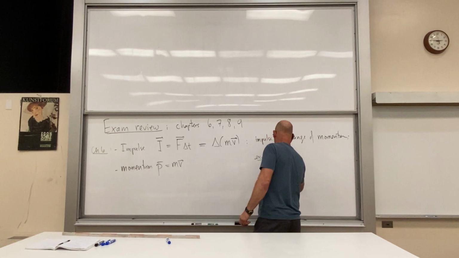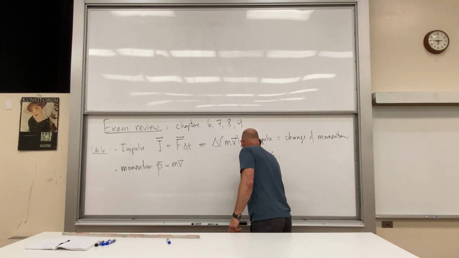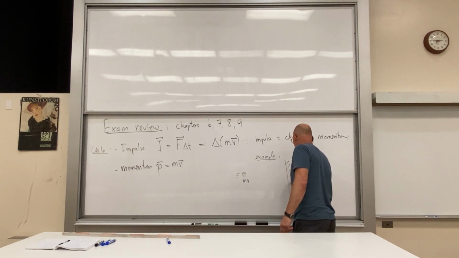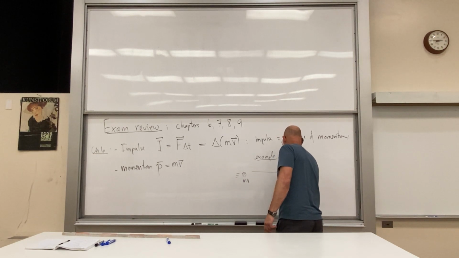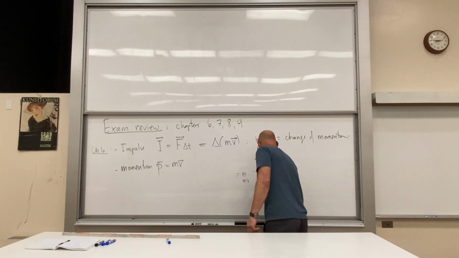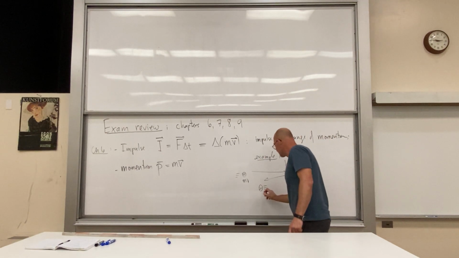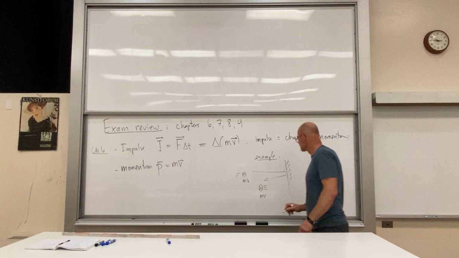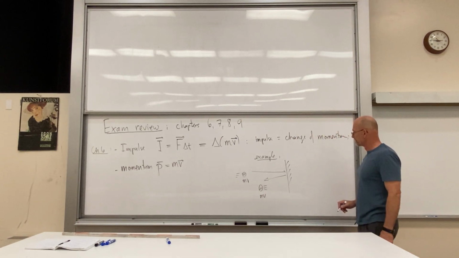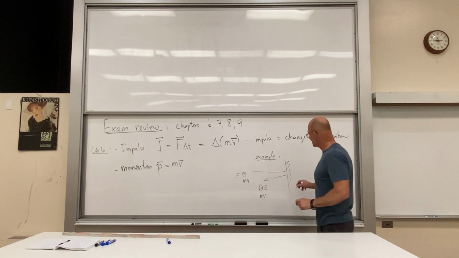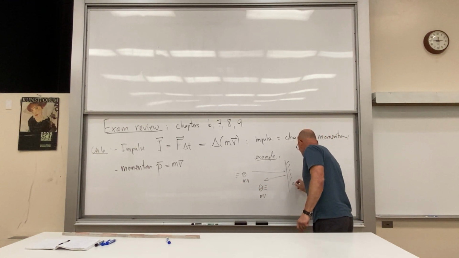If a ball is coming in like this, with momentum mv, and it collides with the wall, and it bounces off, going in that direction, also with the speed v. And it collided with the wall for a very short time, delta t.